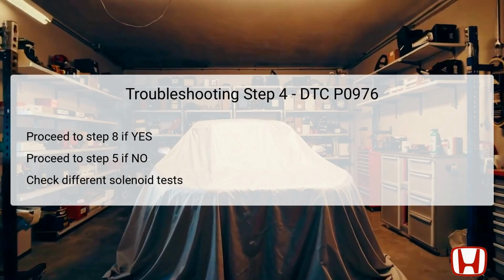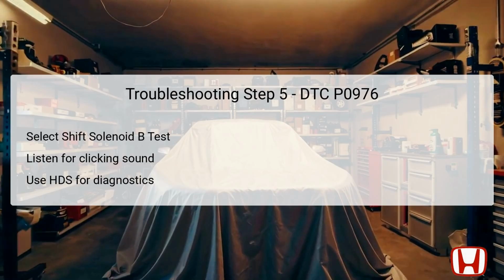On the other hand, if no DTCs are indicated, it is necessary to proceed to Step 5 to test the functionality of the shift solenoid valve B through additional tests using the HDS. This step is critical as it enables technicians to narrow down whether the fault resides within the solenoid itself or lies elsewhere in the circuit, ensuring a systematic approach to troubleshooting.